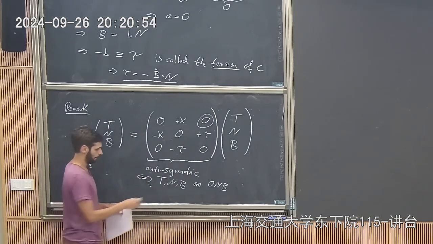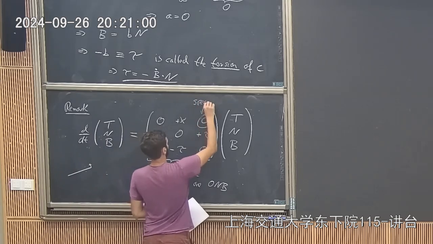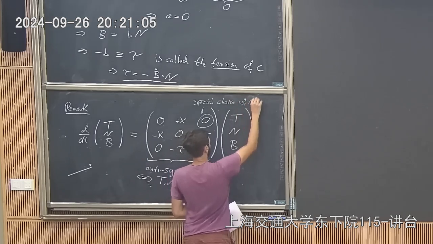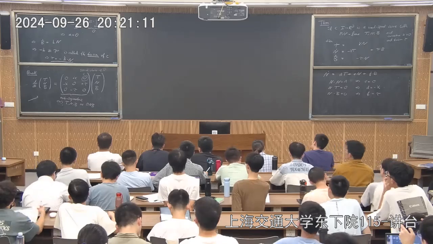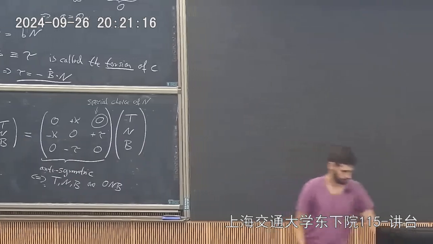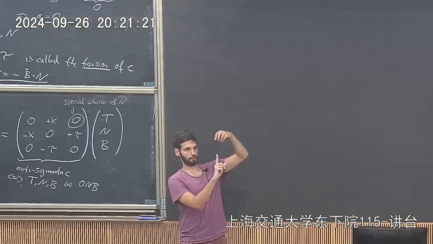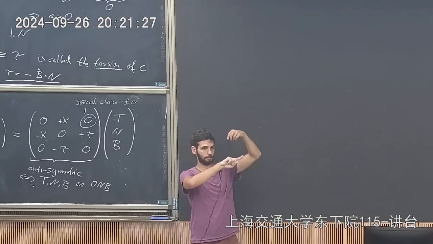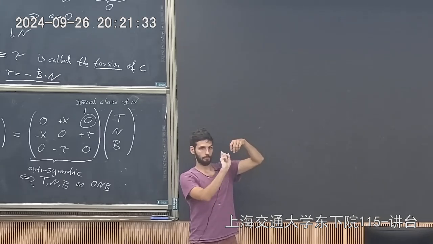And this one just follows because we choose a very special n. There are a lot of normal directions to a curve, right? In 2 dimensions there was only 1, but in 3 dimensions, if that's the curve, then the normal direction would be everything in the plane. There's nothing particular about why I should choose one of these normals.